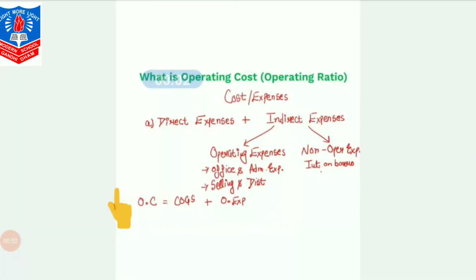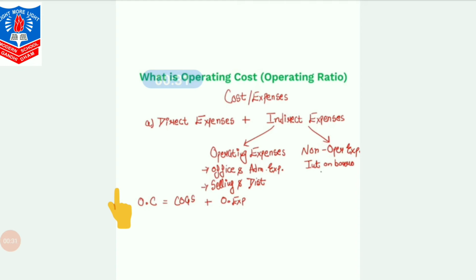As discussed in the chart, after GP ratio, next comes operating cost ratio or operating ratio. See, so simple. You have to take operating cost. Its components we need to understand first. Here, all direct expenses and indirect expenses are included, meaning cost of goods sold plus operating expenses.